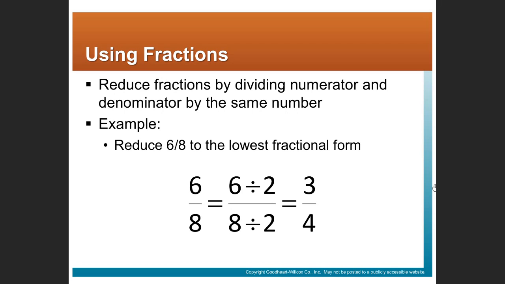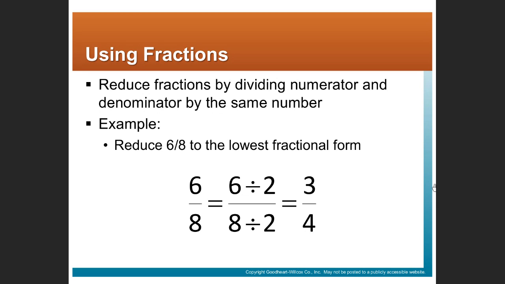We can also reduce fractions to the lowest denominator, right? 6/8. Since the 6 in the numerator is an even number, that generally indicates that we can reduce 6/8 to its form that has the lowest number in the denominator.